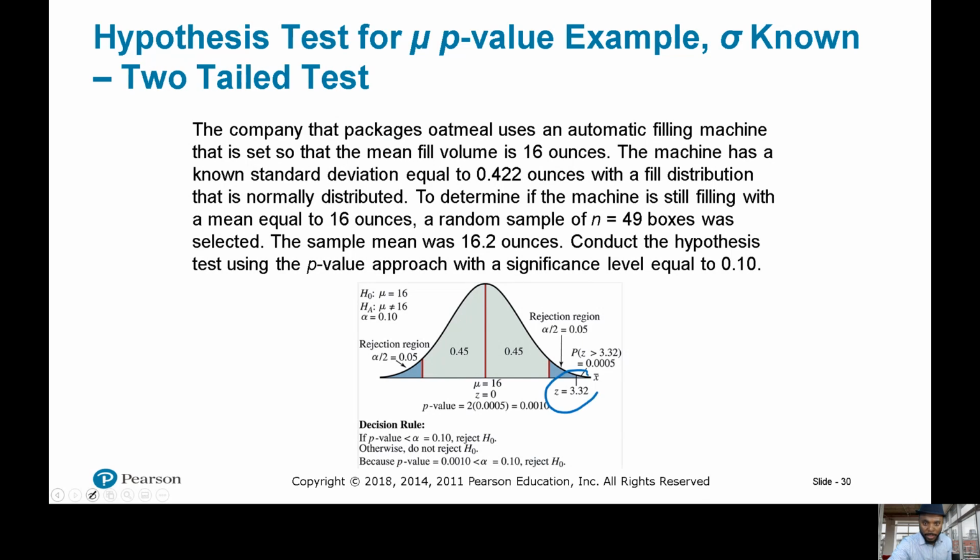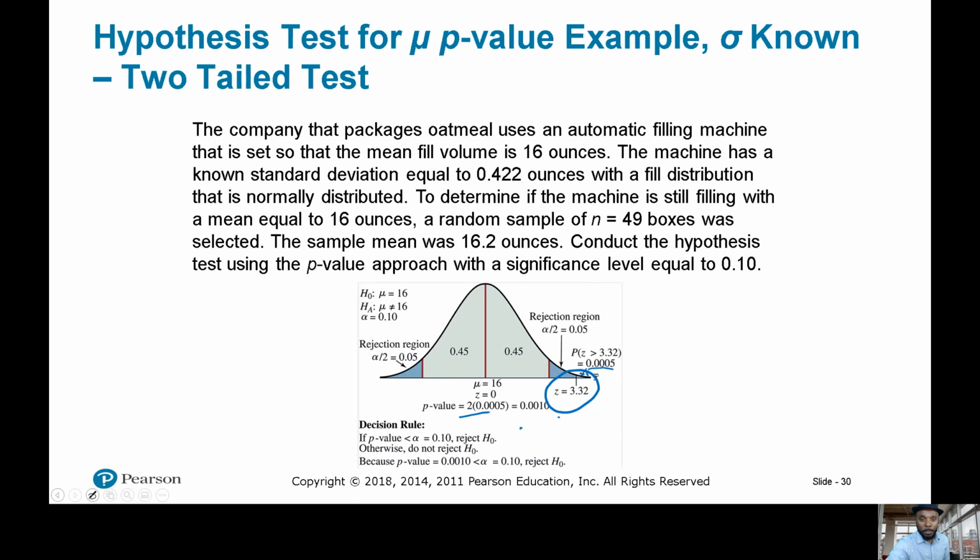Remember, we found that the test statistic is 3.32. So what you're going to do is determine the p-value associated with this. And since it's two-tailed, we multiply it by 2. So the area here is 0.0005, and you multiply that by 2 to determine the p-value.